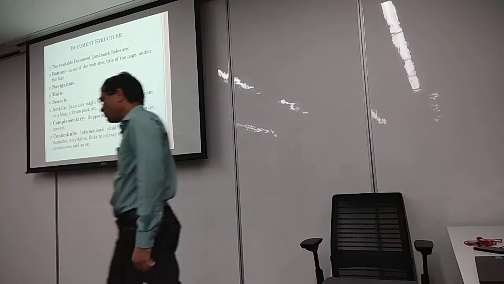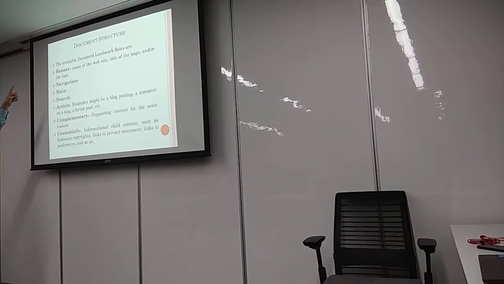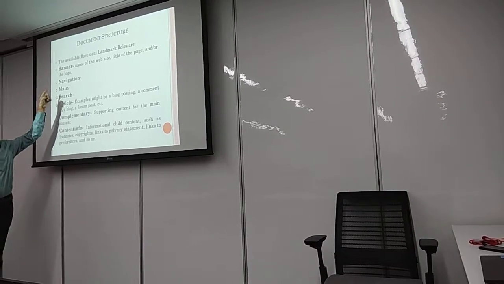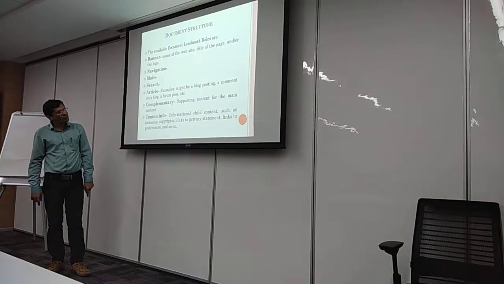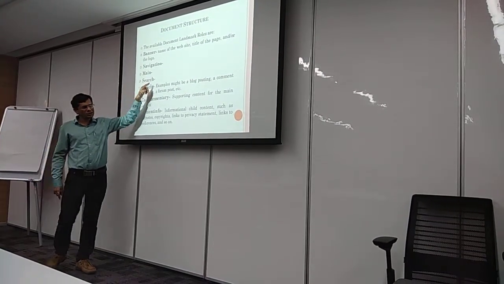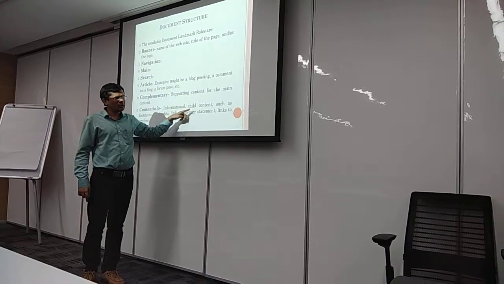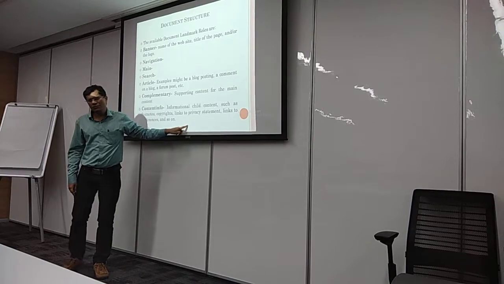This way the page can be classified into six or seven parts: the banner, which covers the title and main name of the website, logo. Then the navigation. Then the main content, search, complementary content, and content info on the footer side.